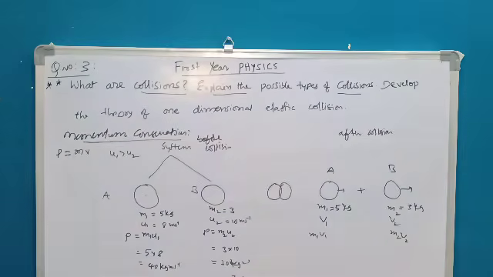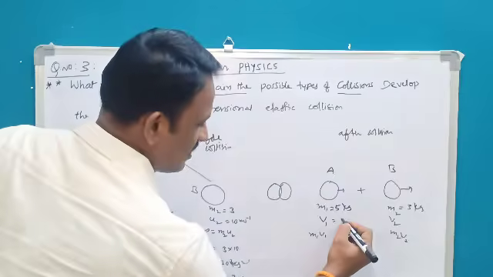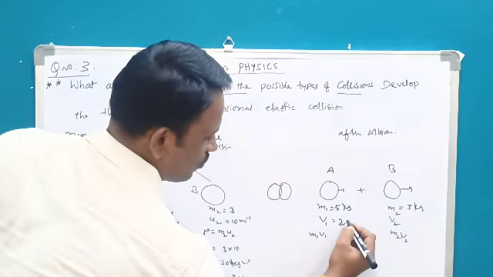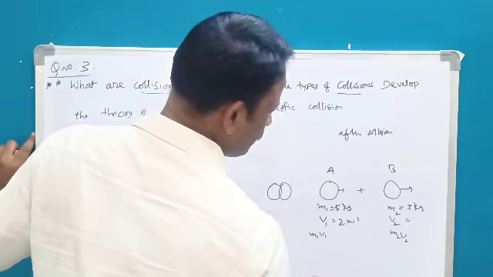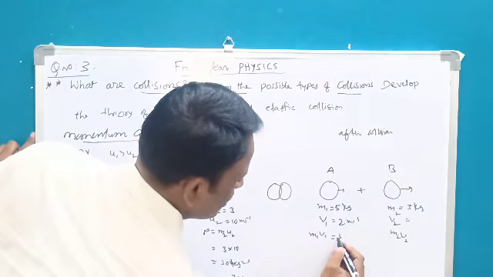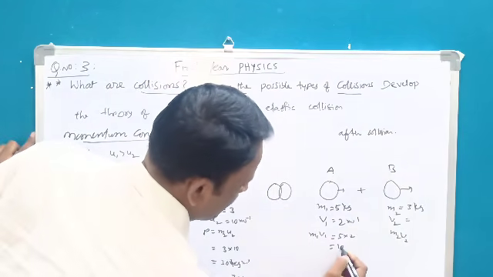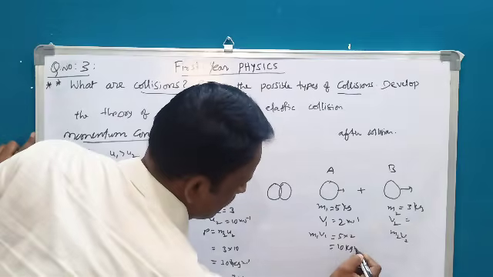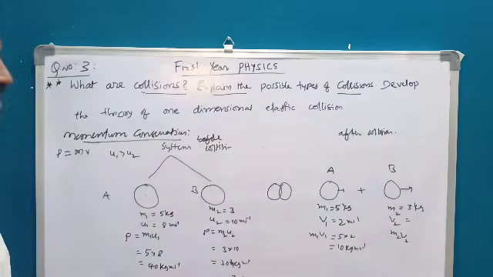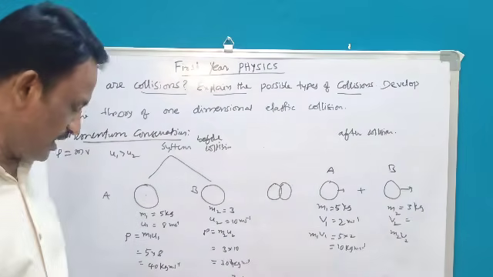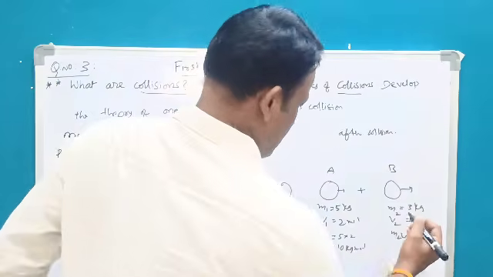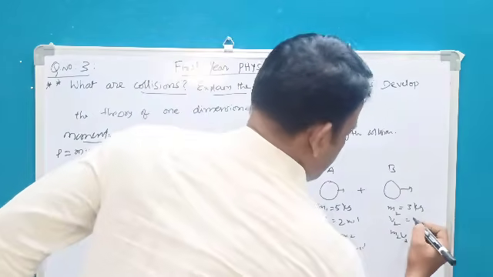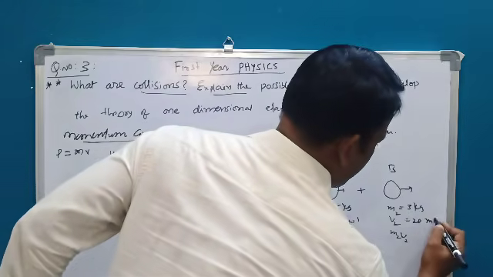So obviously, say for example, the final velocity of the first body is 2 meter per second, and 5 into 2, how much? 10 kg meter per second. The momentum of the first body is now changed from 40 to 10 kg meter per second. Whereas here, consider it is 20 meter per second.